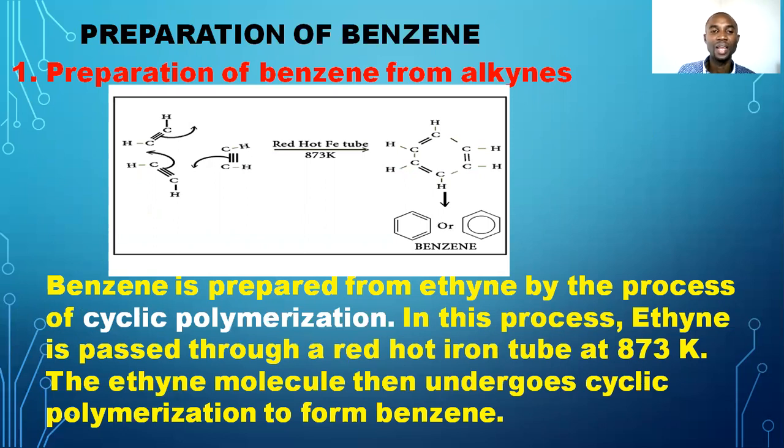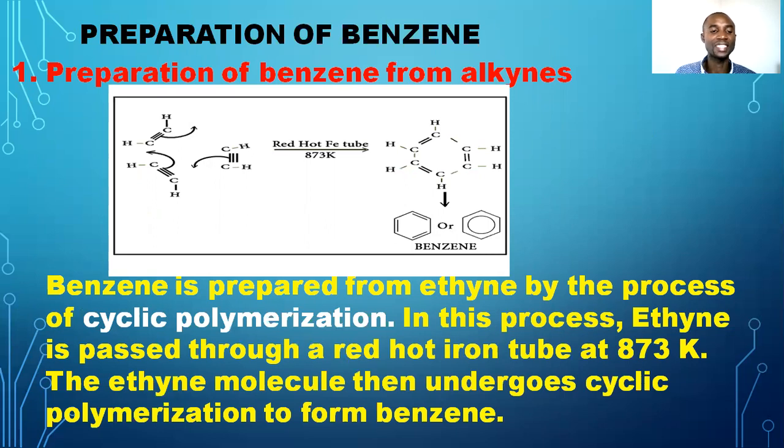Ethyne, in the alkyne group, has 2 carbon atoms with a triple bond. Look at when it changes and combines together, 3 of them join together, the bonds will change location, just like the diagram given below. So benzene is prepared from ethyne by the process called what? Cyclic polymerization.